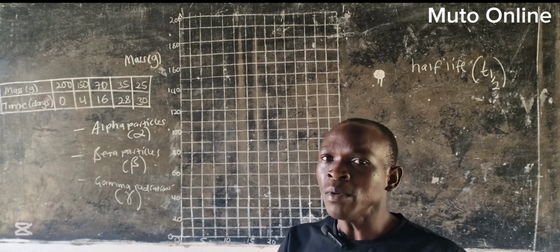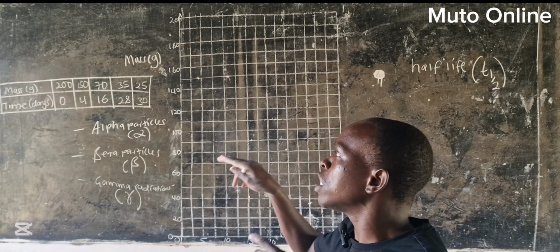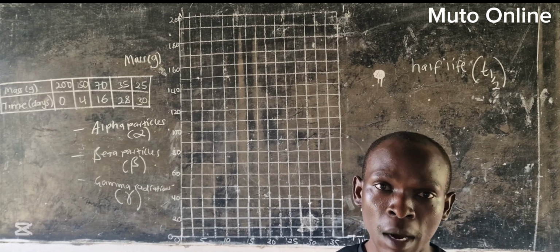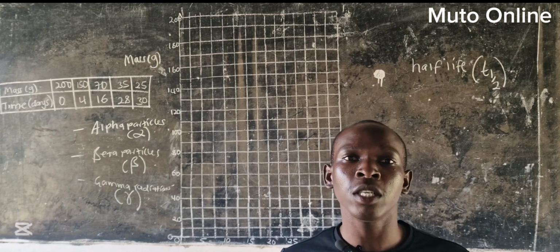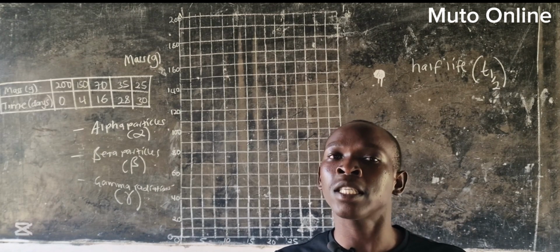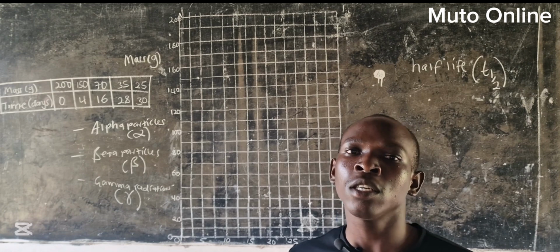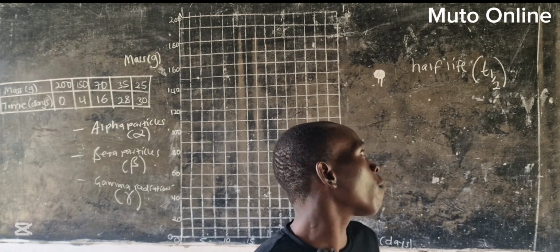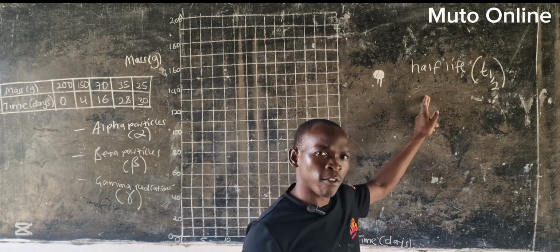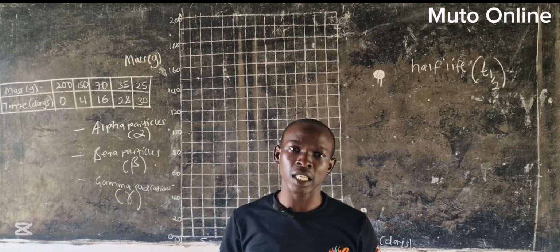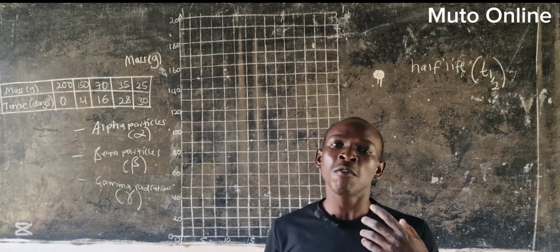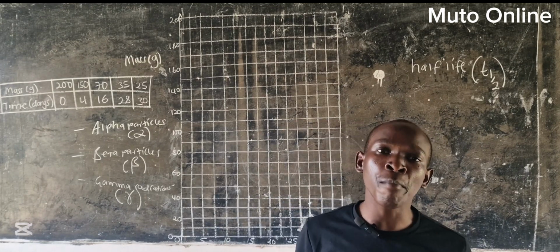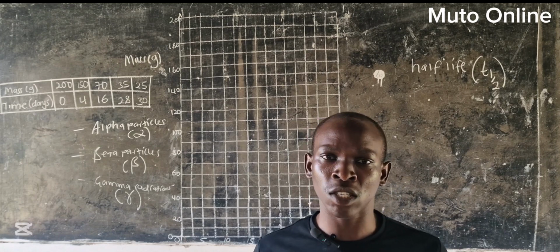The time it takes this mineral to become 100 grams is what we refer to as half-life. It is denoted by T half, as you can see here.